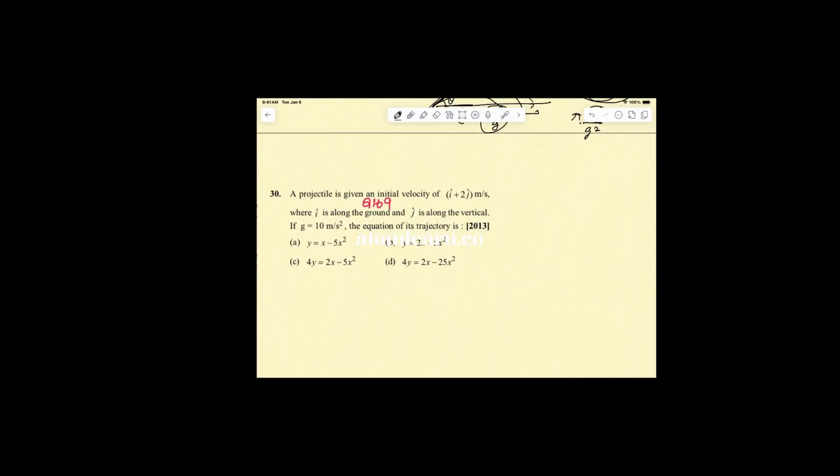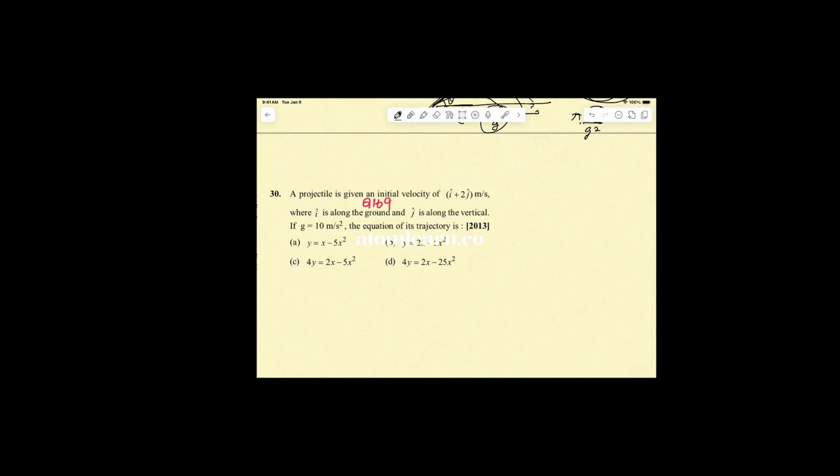Such questions you will come across very often, especially, as I said, about the lawn sprinkler. The area on the ground covered, if the sprinkler is rotating in all directions as well as firing the stream of water at all angles theta, then the maximum radius R max is when theta equals 45 degrees, that means R max is equal to u squared by g.